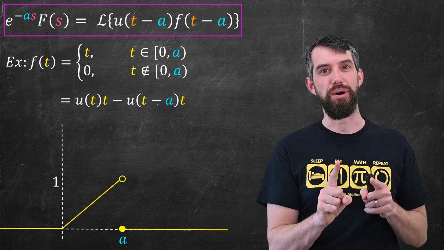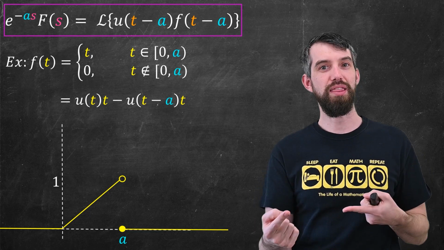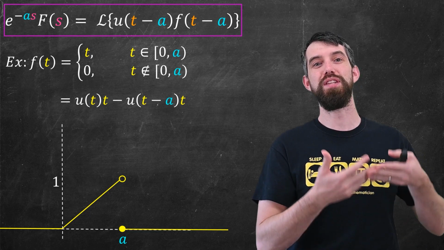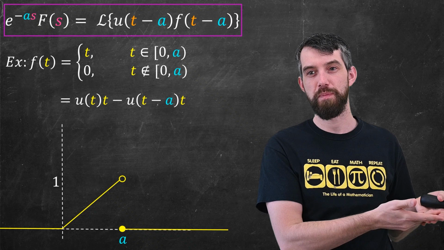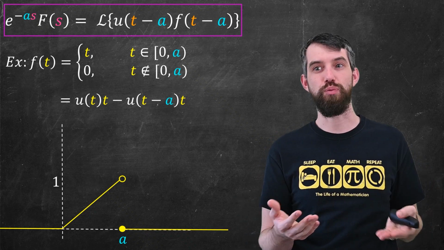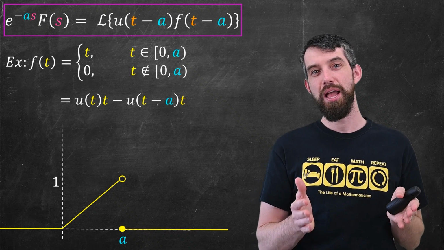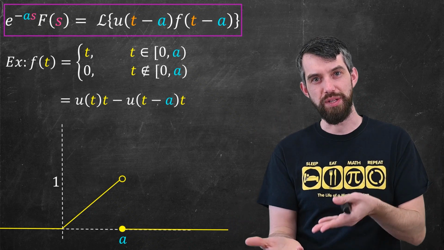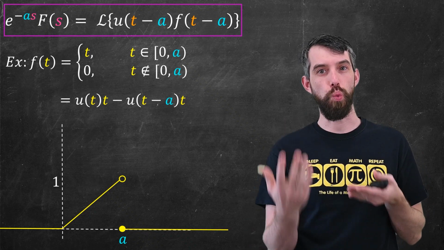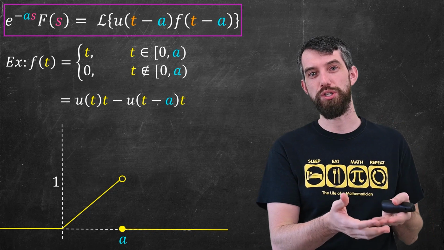The first term, the u of t, deals with the stuff that's happening around t equal to 0. Namely, because the step function u of t is 0 to the left, which is the exact same thing as our f of t, we match that behavior. And then when t is greater than 0, u of t is just 1, and so this looks like f of t. It just looks like this linear portion.